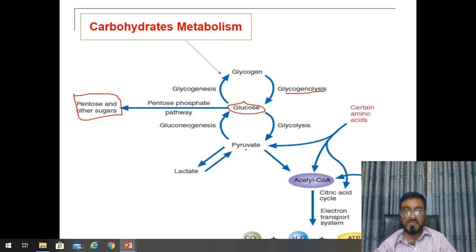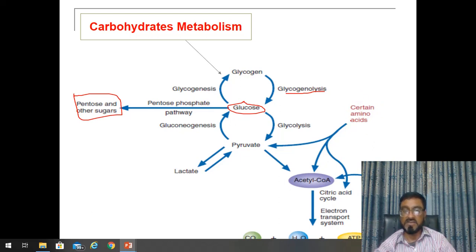Another reaction pathway is one in which pyruvate is converted into acetyl CoA. Acetyl CoA has several fates. It can be generated from glucose through glycolysis to pyruvate, and then pyruvate is converted into acetyl CoA. Acetyl CoA is also produced from certain amino acids.